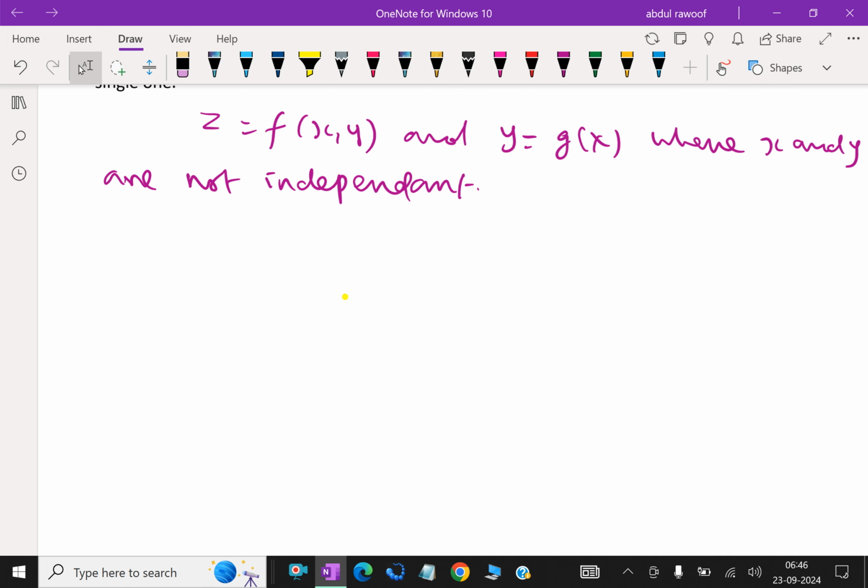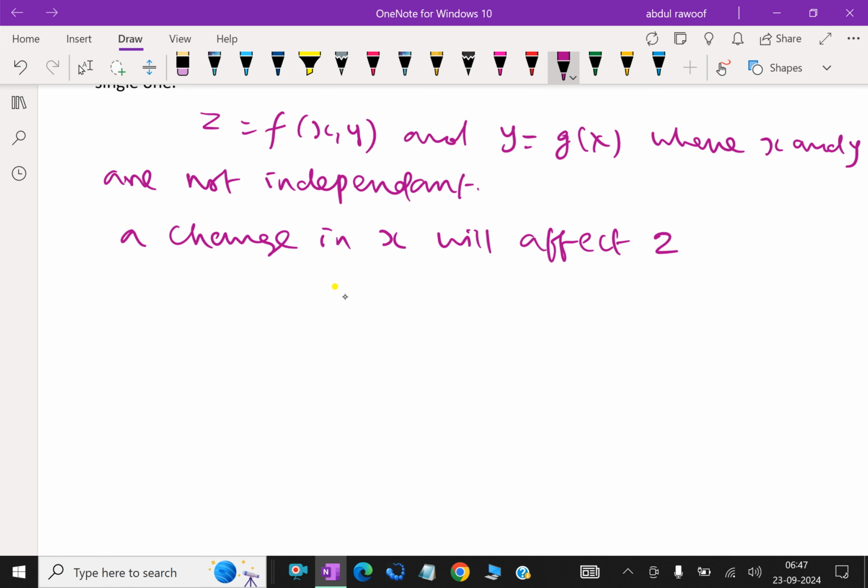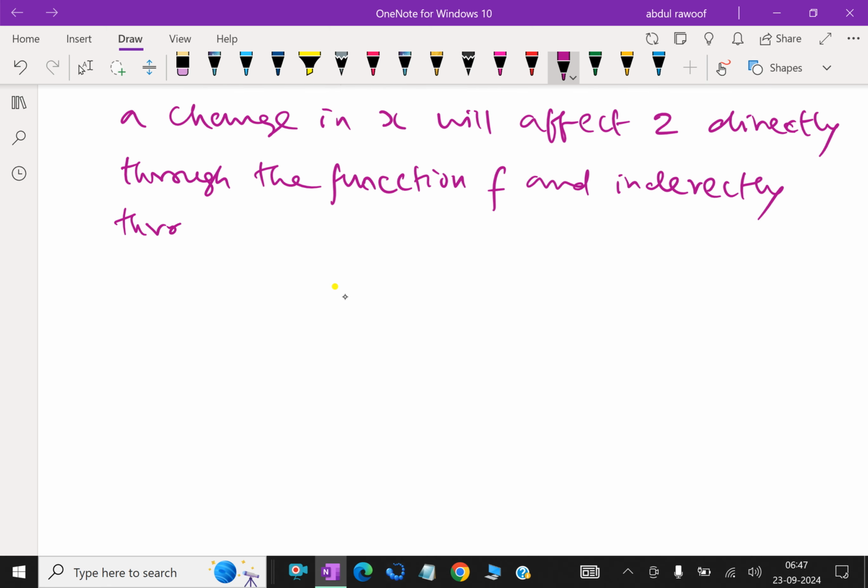That means the change in x will affect z directly through the function f and indirectly through g.